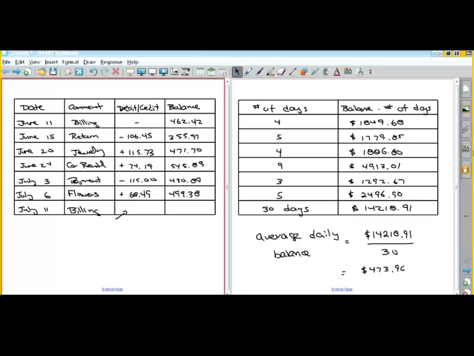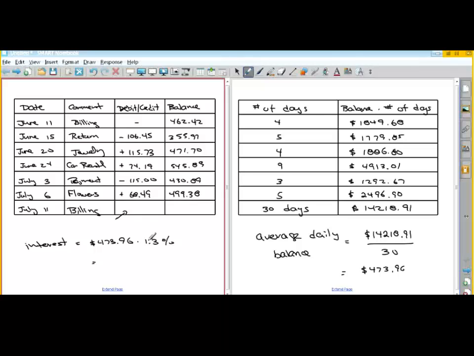Now, the interest is going to be your average daily balance times your interest rate. But you have to do this on a monthly basis. The interest rate is 1.3% per month. Okay, so they already give it to you per month. If they didn't give it to you per month, you'd take 1.3 times 12, which gives you 15.6% per year.